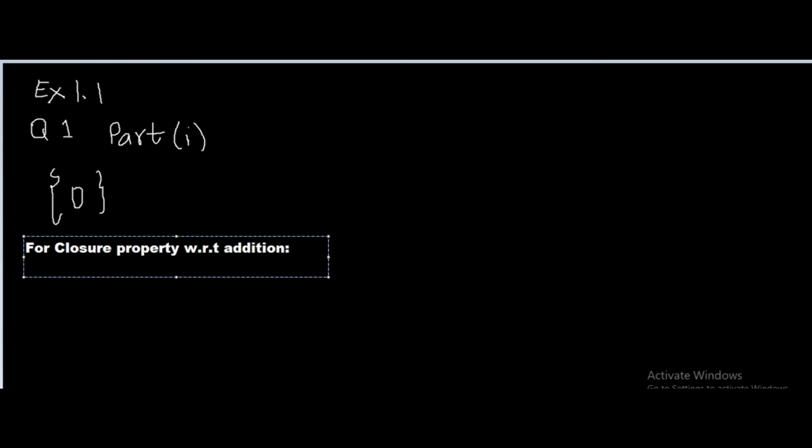Let's see how this can be done. We are having one member, which is 0, and we have to find its relation to the closure property with respect to addition.